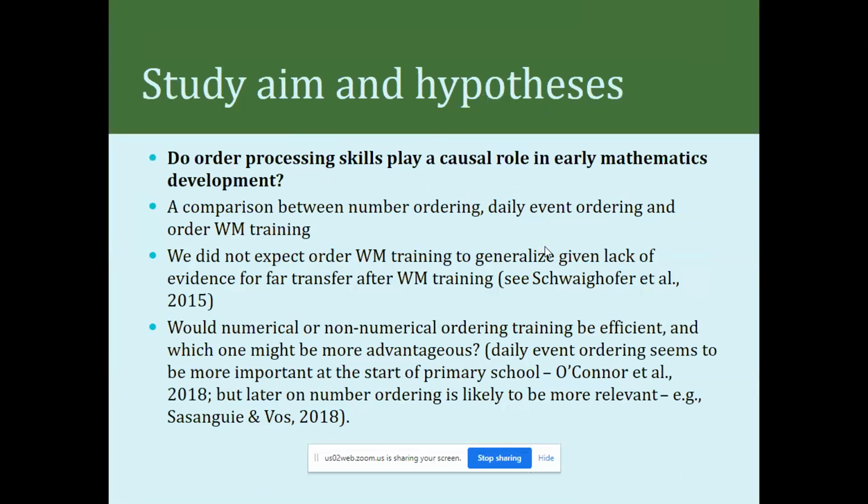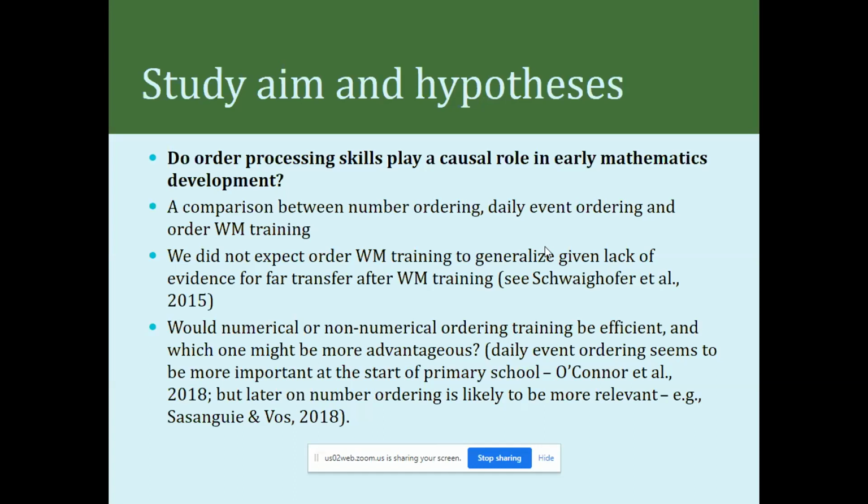The main aim of the study was to see whether order processing skills play a causal role in early mathematics development. So we wanted to make a comparison between training in these three types of tasks.